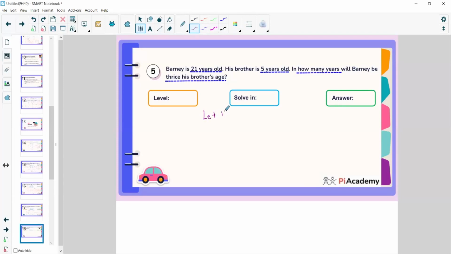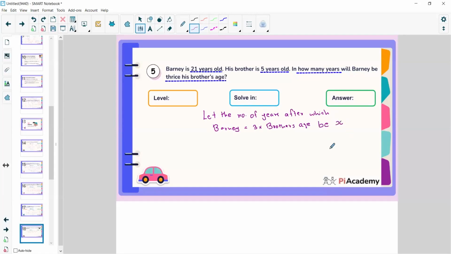Let the number of years after which Barney would be 3 times his brother's age be x.